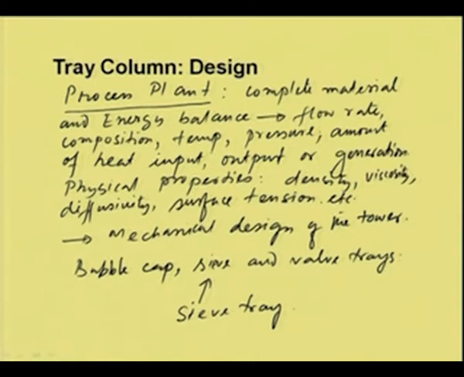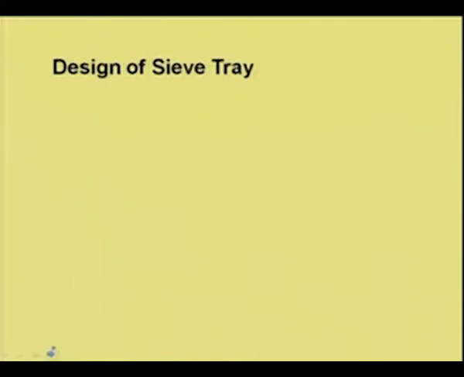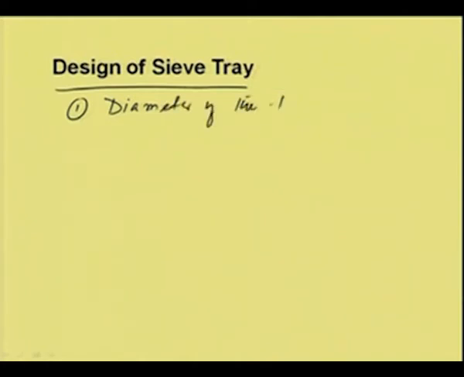Sieve tray design. The important parts for the sieve tray design: we need to know the diameter of the tower. Second thing, we need to know the tray gas pressure drop.